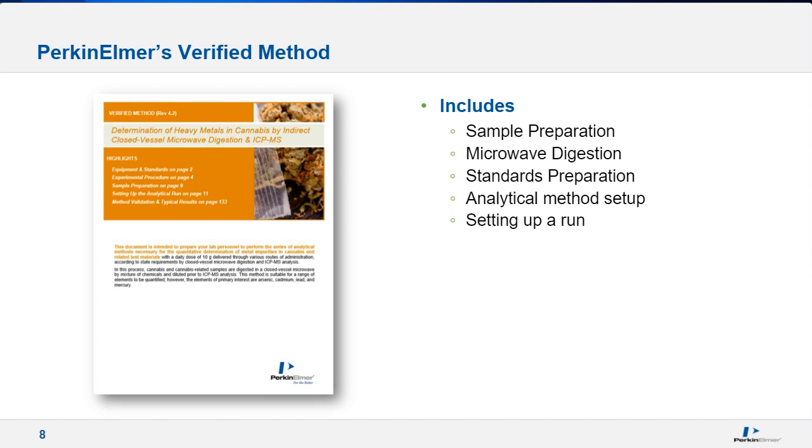Our provided SOPs will give you information on how to prepare samples, how to do the microwave digestion, how to prepare the standards and quality control solutions, how to set up the analytical method on the instrument, and how to begin a run. This method would eventually form part of your quality management system and a laboratory's final SOP that they would eventually get validated.